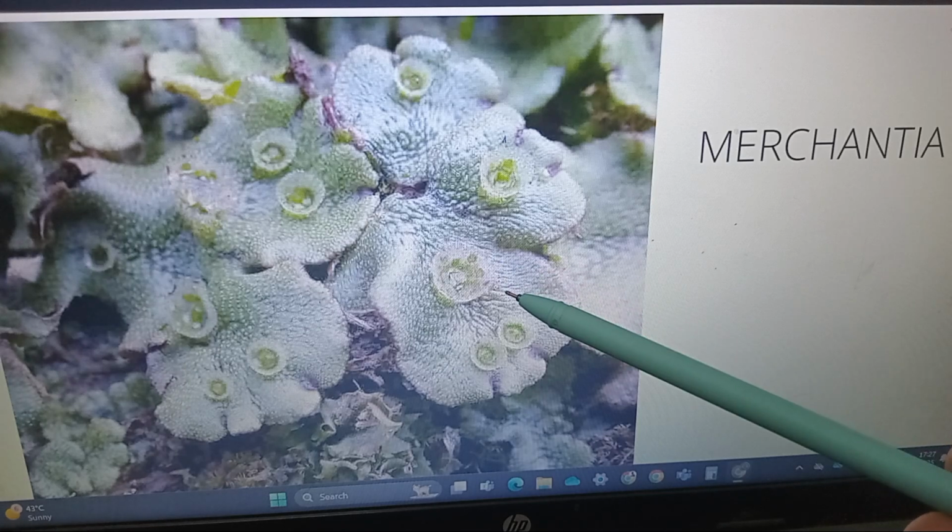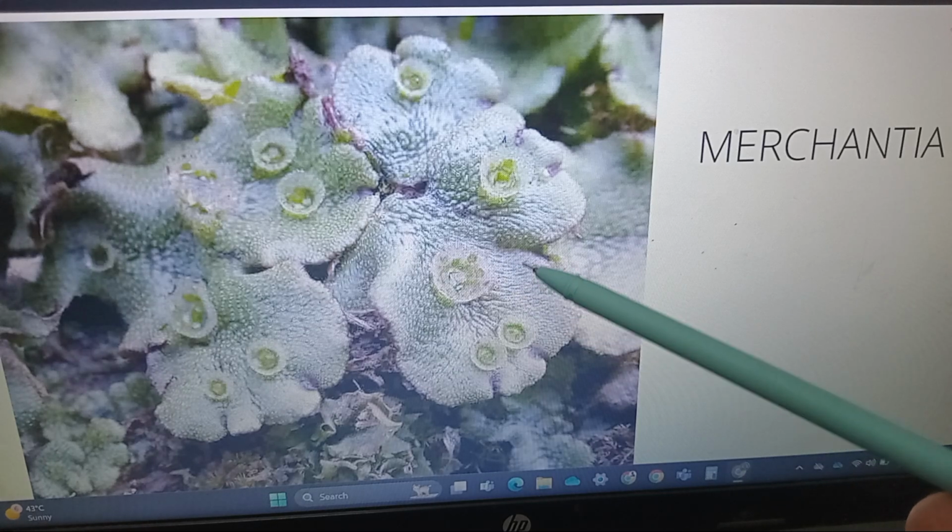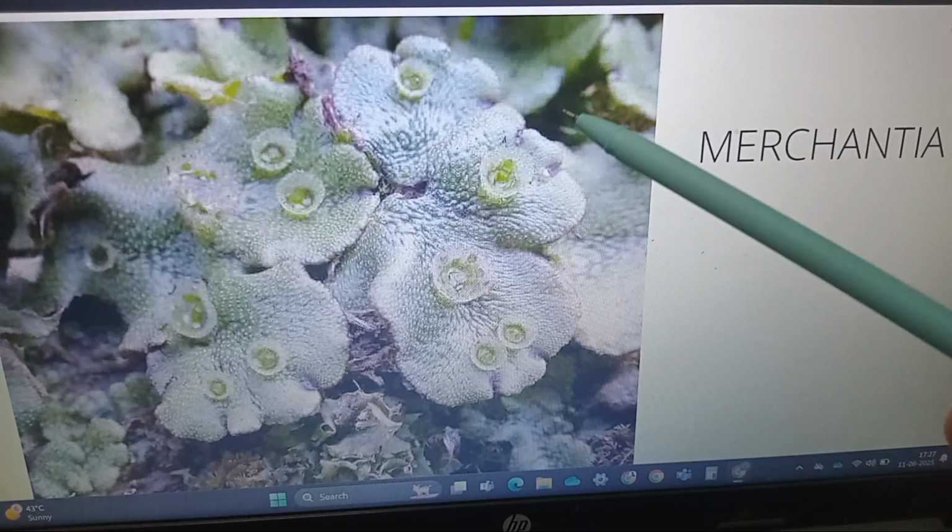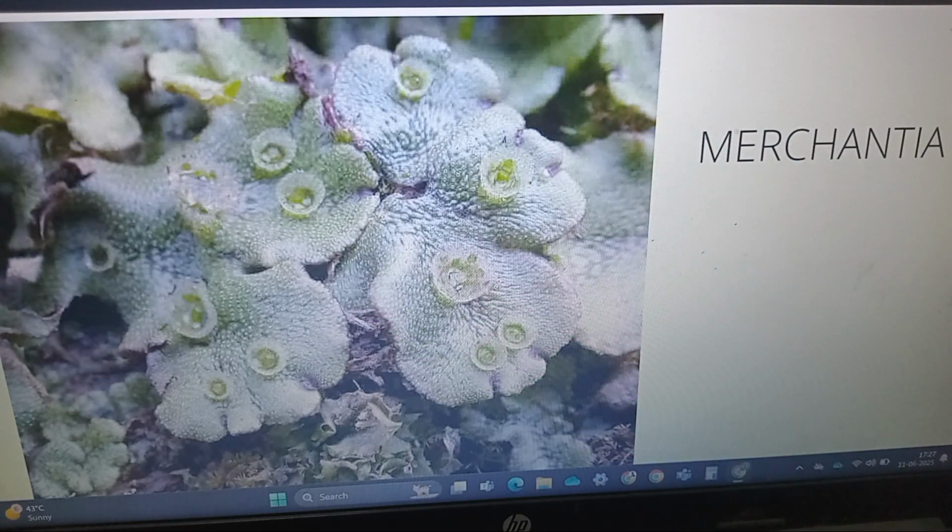but it can also produce the antheridiophore and archegoniophore.